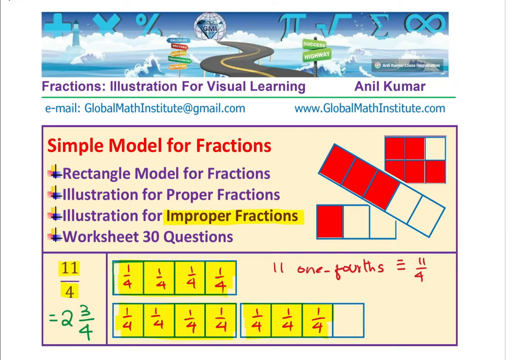So we have 1 whole here, the other one, and then we selected 3 out of 4. Make sense? That is the meaning, and that is how this particular model helps us to illustrate very easily improper fractions. So I hope with this the concept is absolutely clear.